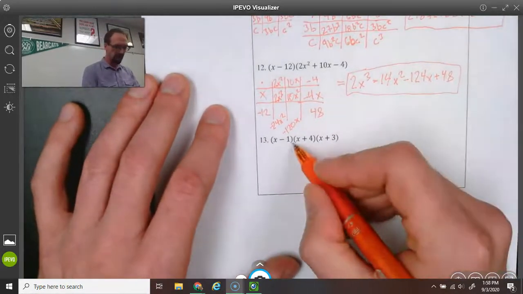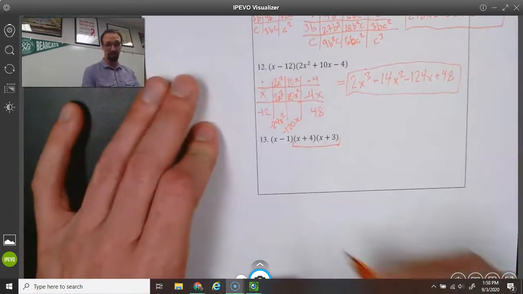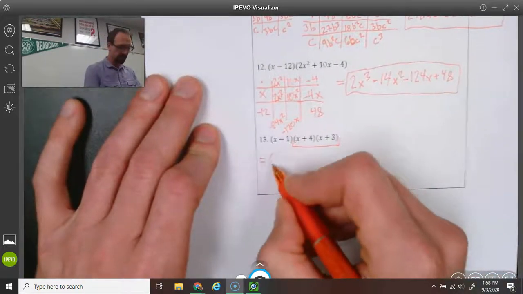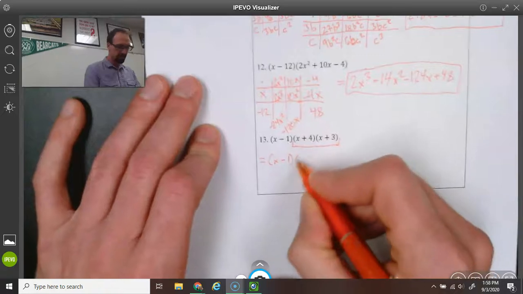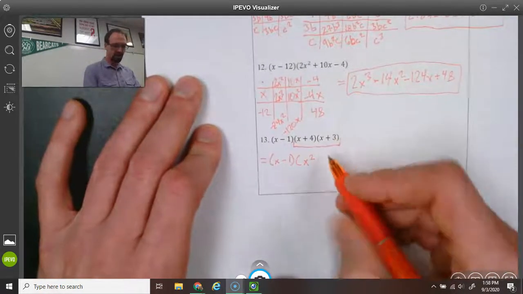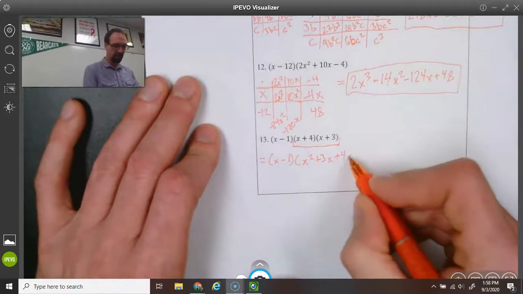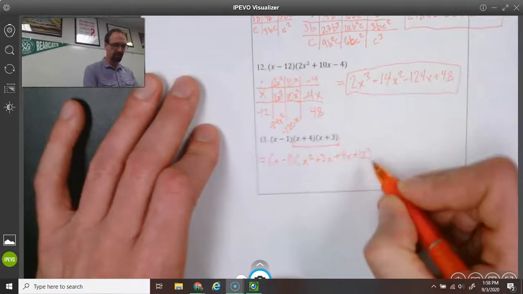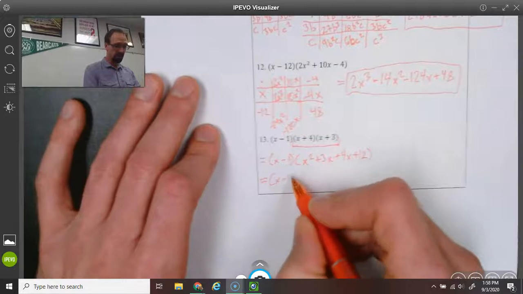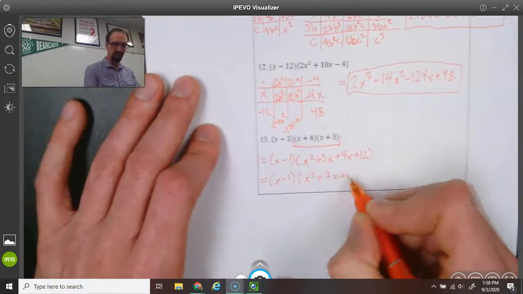Order doesn't matter because you're multiplying, so you can actually multiply these two first. I'm going to bring down the x minus 1. And then I'm going to multiply through. x times x is x squared. x times 3 is 3x. 4 times x is 4x. And then 4 times 3 is 12. So now I have x minus 1 times x squared plus 7x plus 12.